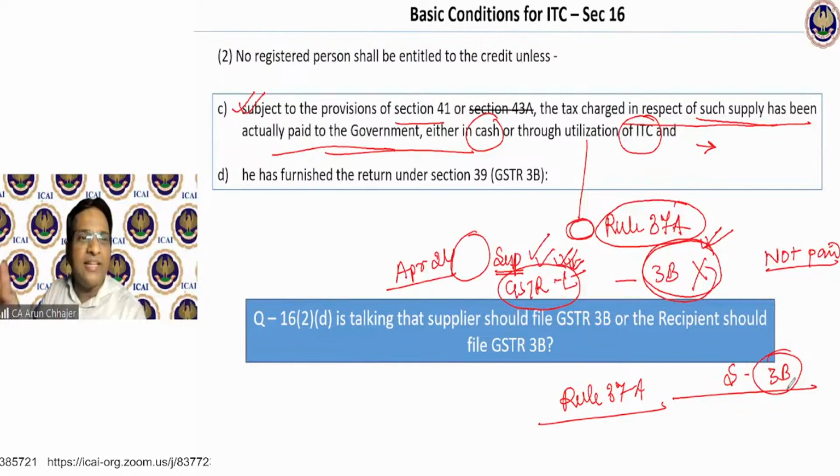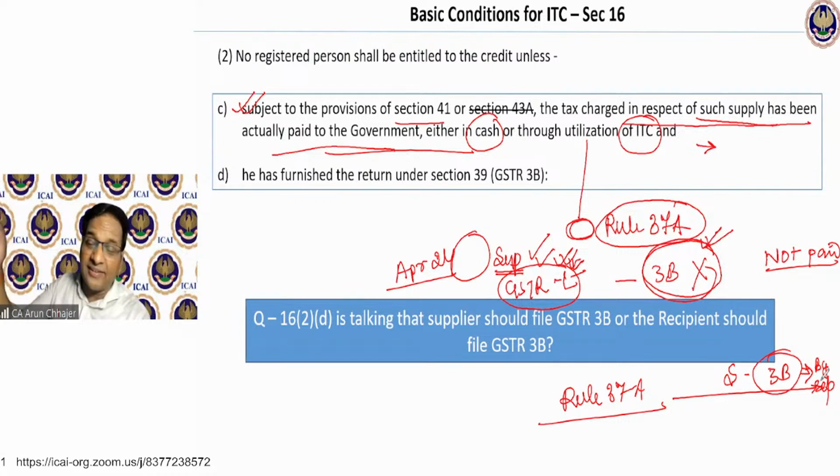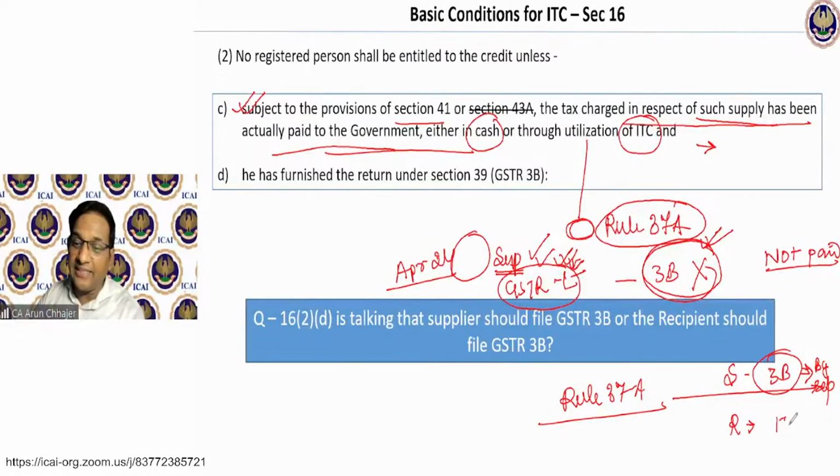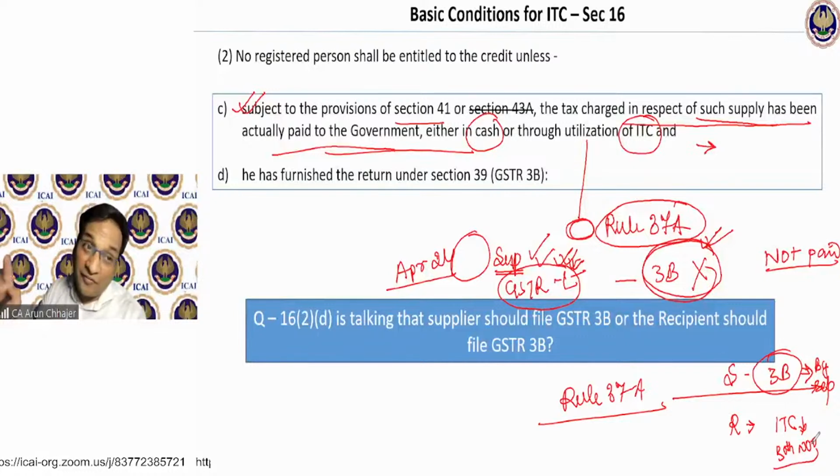Only point is that they have given enough time. If the supplier does not furnish the GSTR 3B by September after the end of the financial year, then the recipient has to reverse the ITC by 30th November after the end of the financial year without interest. After 30th November, with interest.